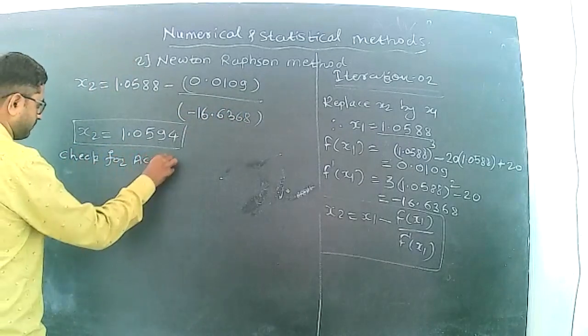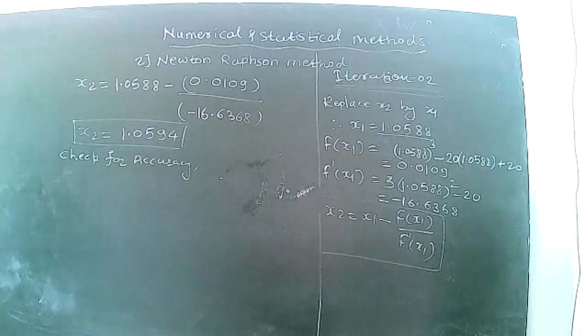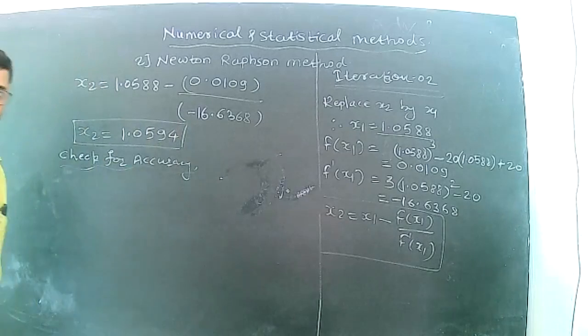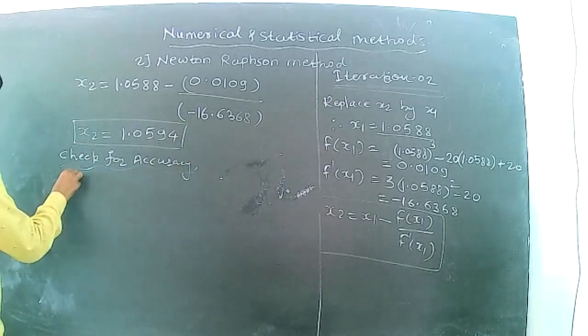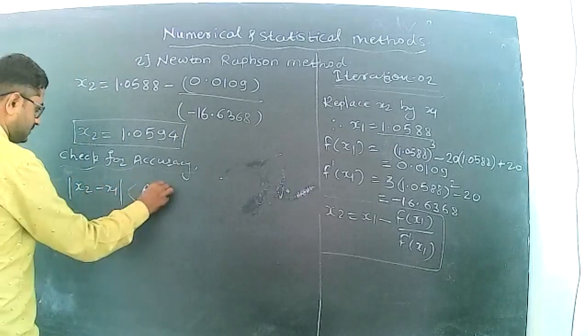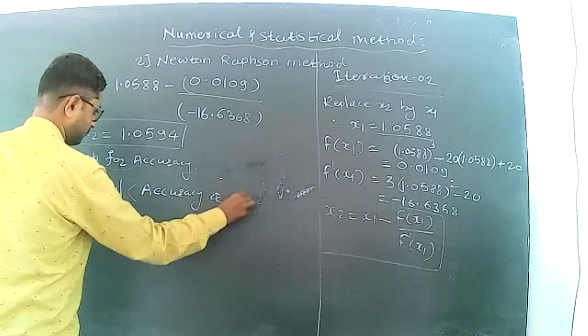Check whether the value of x2 is within accuracy or not. How to check accuracy? We check whether mod of x2 minus x1 is less than accuracy or not.